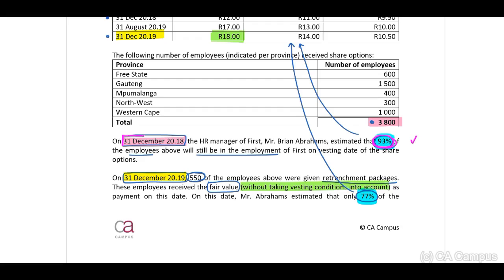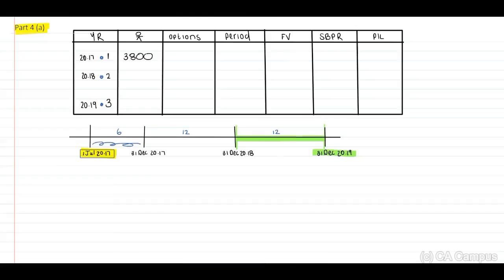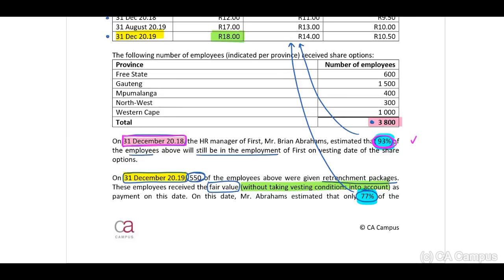Remember, at 31 December 2018, if I include my employees now for 2018, this will be the 3,800 times the 93%. Therefore, this will be an amount of 3,534.